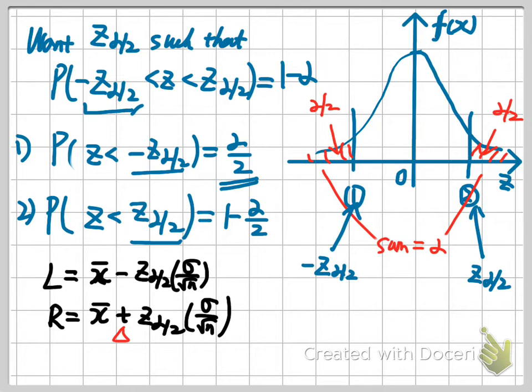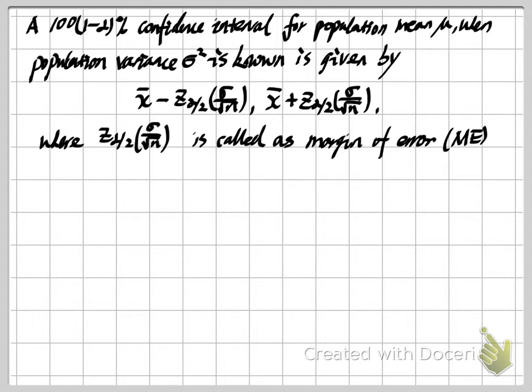So now let me summarize what we talked about here. If we want to find a confidence interval for this given alpha, that means we try to find the 100(1 minus alpha) percent confidence interval for our population mean when we know the population variance sigma squared. The left endpoint and right endpoint are right here. This is a symmetric interval with respect to our sample mean x bar.